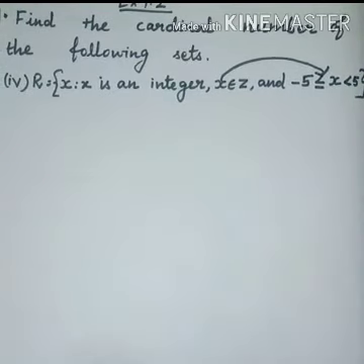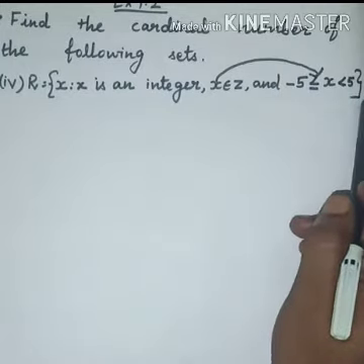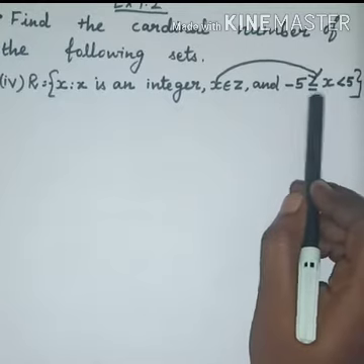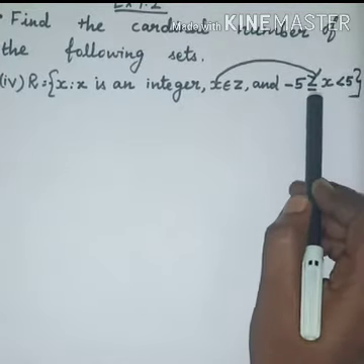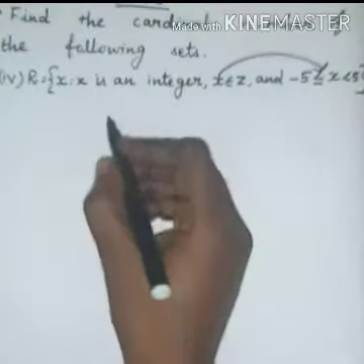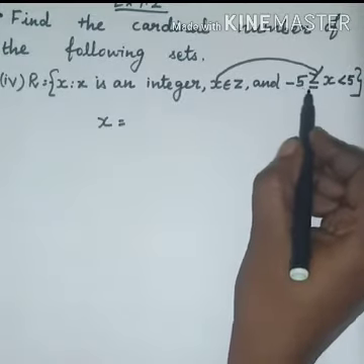So we should not take all the integers for x because the condition is given. The numbers start from minus 5 because the less than or equal to sign is given here. So we should take minus 5 also for x.